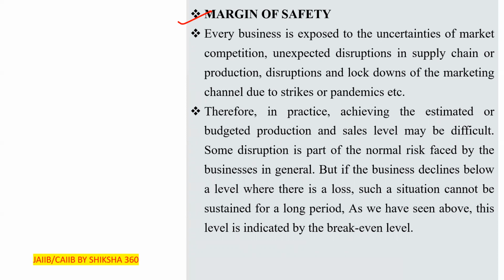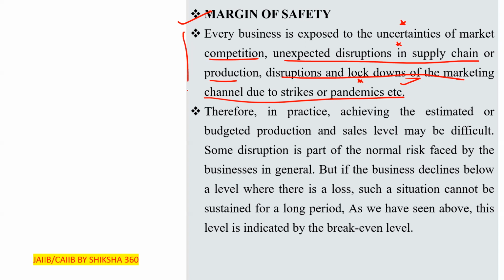Let's discuss it. Every business is exposed to the uncertainties of market competition, unexpected disruptions in the supply chain or production, and disruptions and lockdowns of the marketing channel due to strikes or pandemics, etc. All these are uncertainties in the business.